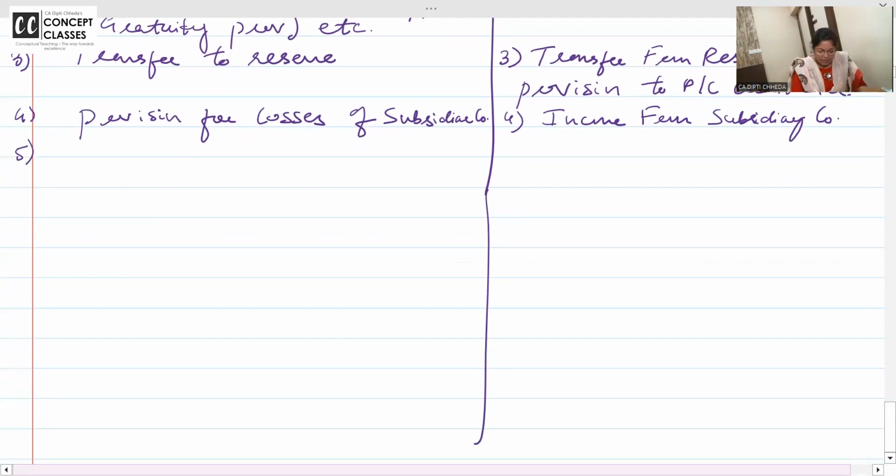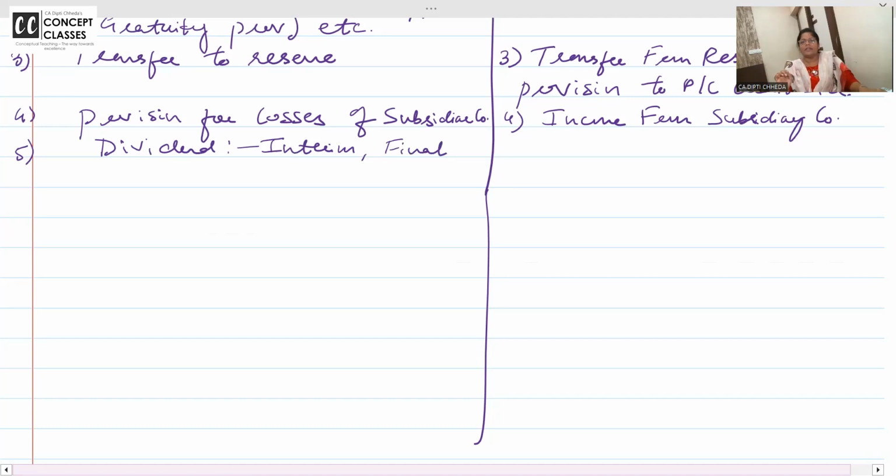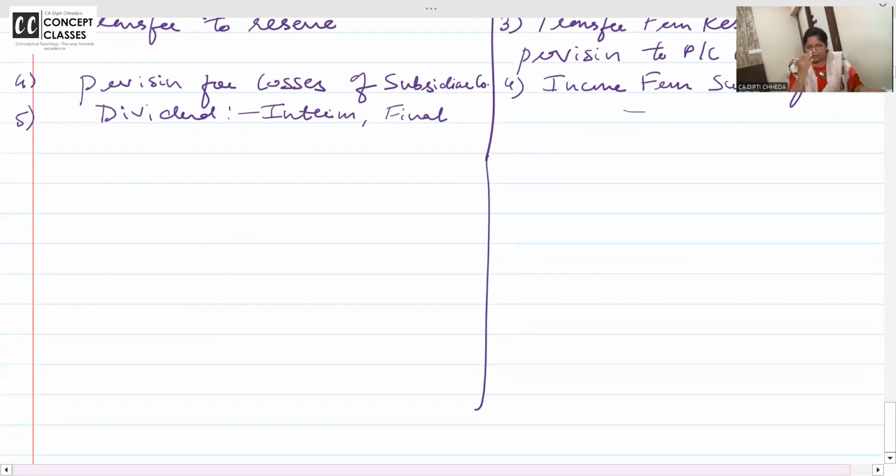Next, if any dividend is paid, nowadays proposed dividend are not there, but any dividend, if you want, you can write here in detail. Interim, final, koi bhi dividend. If you have paid dividend, it is not your expense, it is appropriation of profit. So add back. Here nothing will come.